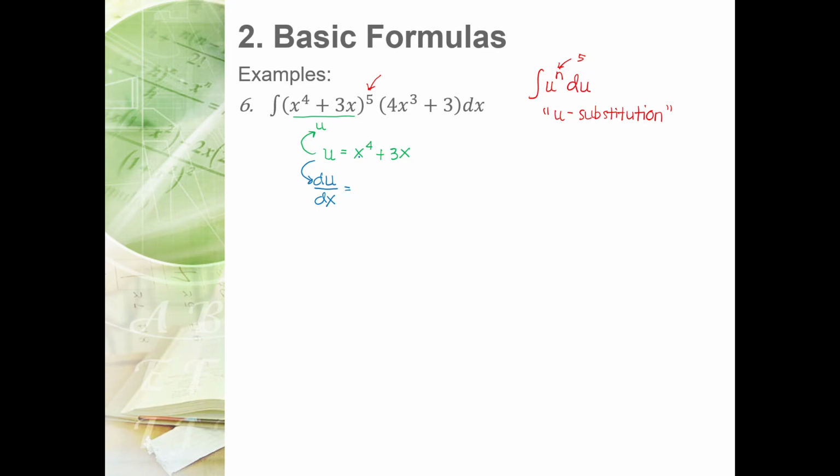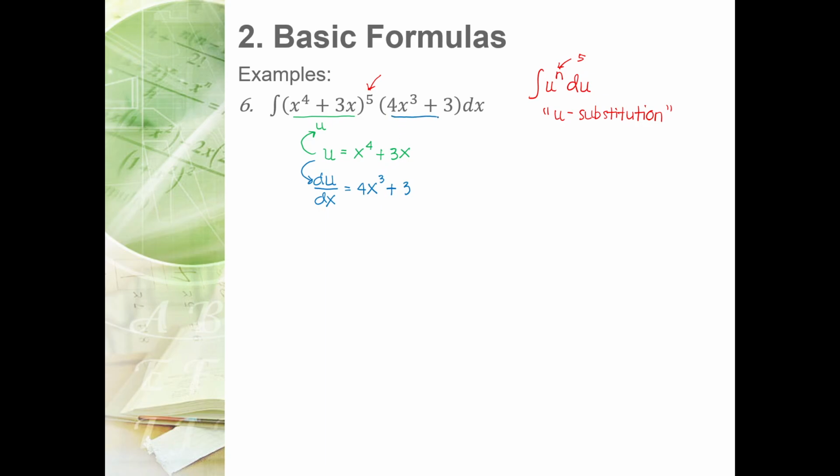And then we differentiate the following equation. So x to the power of 4, bring down 4, then minus 1 in the exponent, and then plus, the x has a constant, so plus 3. Notice the resulting equation is 4x cubed plus 3.